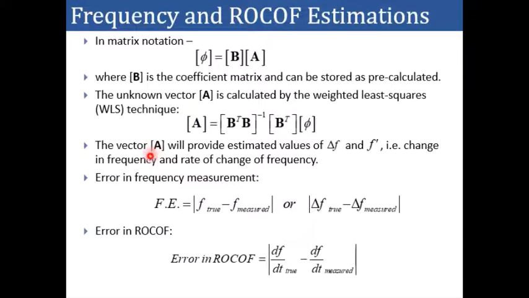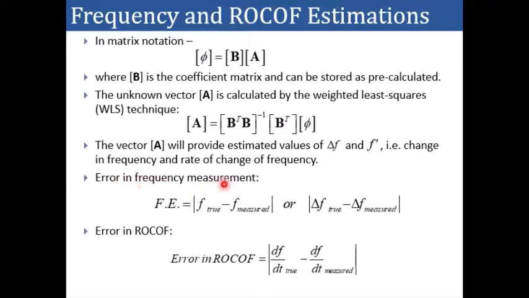Now after you get the value of A, you can simply calculate the value of delta f and f dash, because delta f is a1 upon 2 pi and f dash is a2 by pi. So in this way you can find out the value of frequency change and rate of change of frequency.